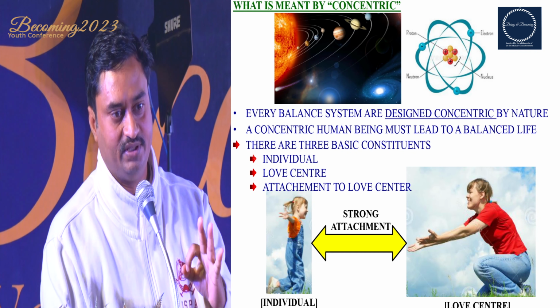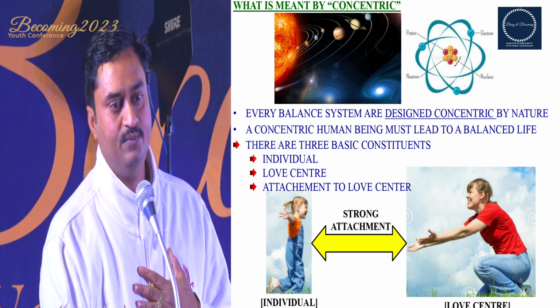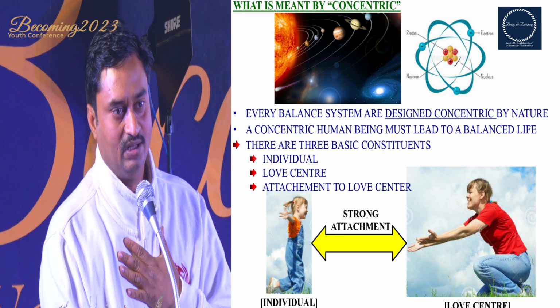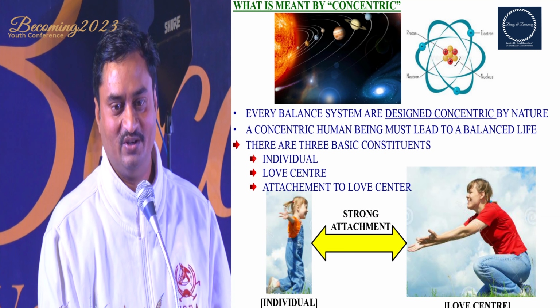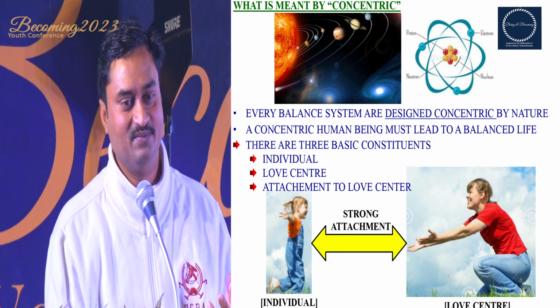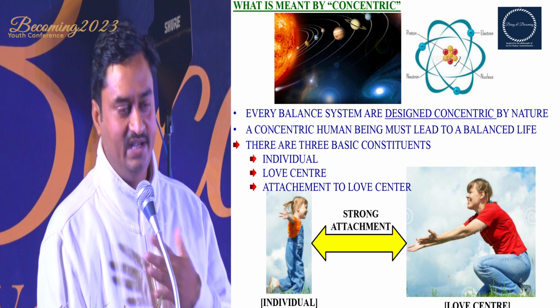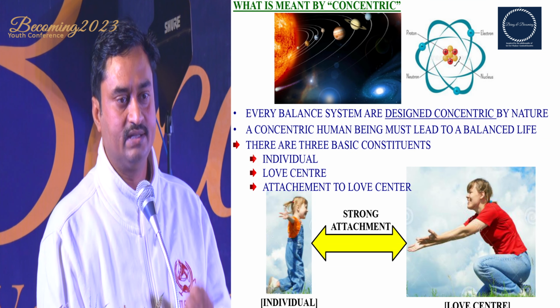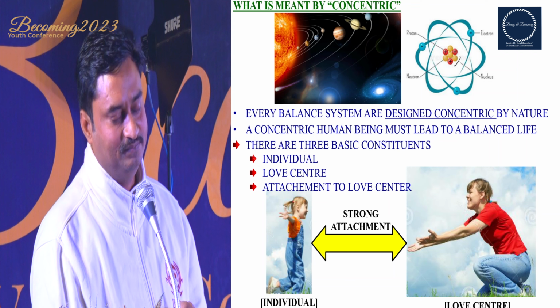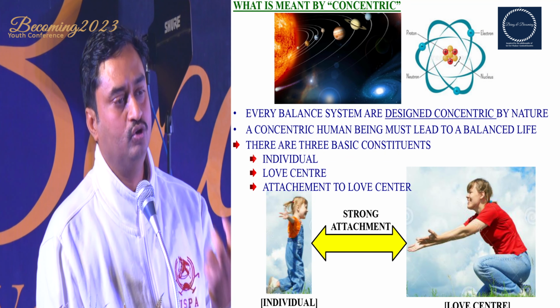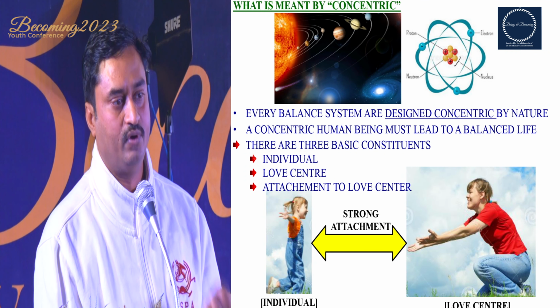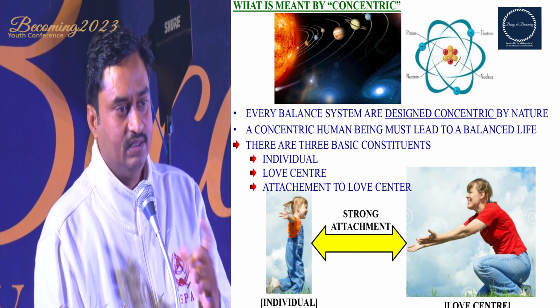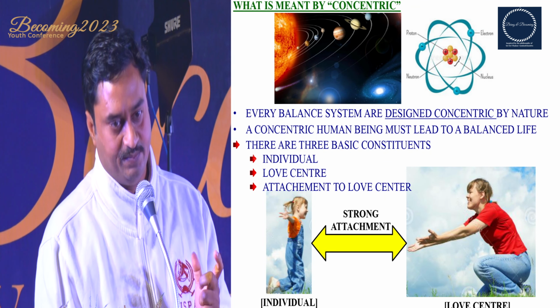We'll discuss three things. Individual: as an individual, what are my lacunas? Because so many things have been discussed here based on individualism. What are the lacuna points in individualism? Why do I need an ideal, how can those points be overcome if I go for an ideal, and how can that be ensured through an attachment?